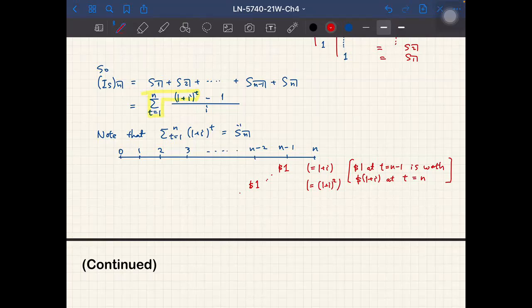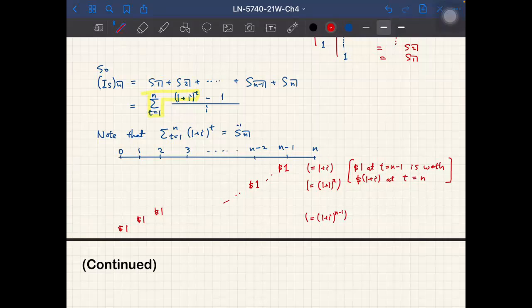So we continue this, then $1 at time 1, that is n minus 1 years before time n, is worth (1 plus i) to the power n minus 1.